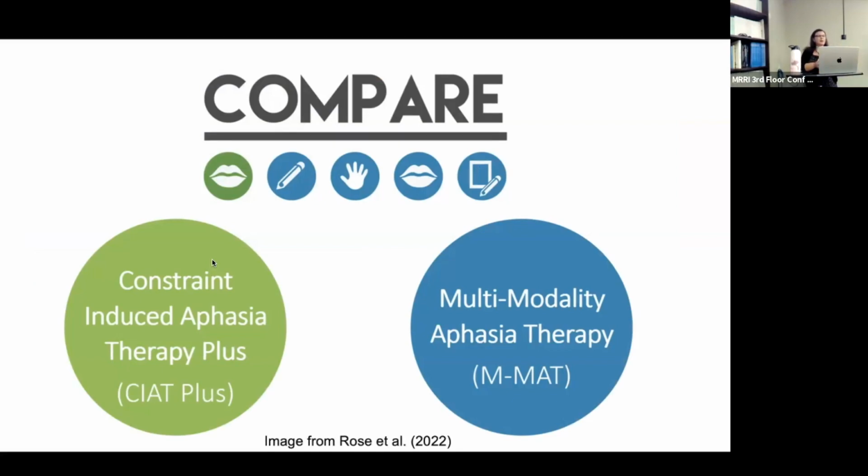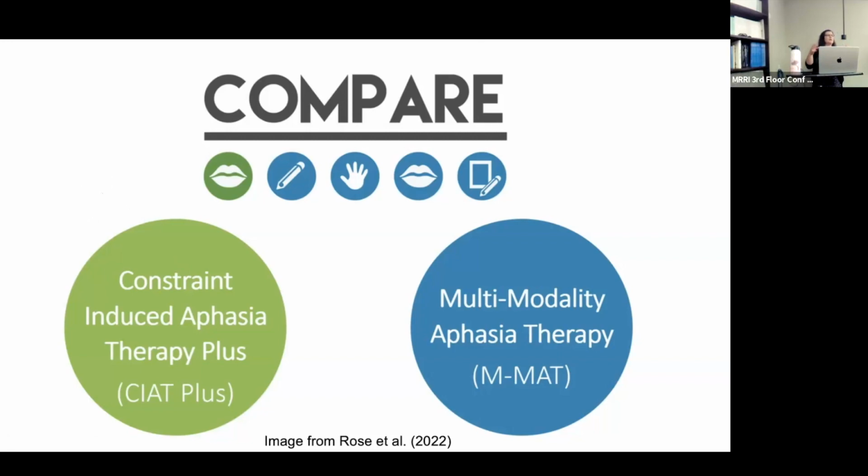It's particularly important to consider the multimodal nature of communication when you think about rehabilitation for individuals with aphasia. There are different approaches to aphasia therapy, which I'm sure many of you are at least somewhat familiar with, and they vary in terms of the extent to which they incorporate nonverbal modes of communication. For example, constraint-induced aphasia therapy forces patients to use speech only as a way of communicating.